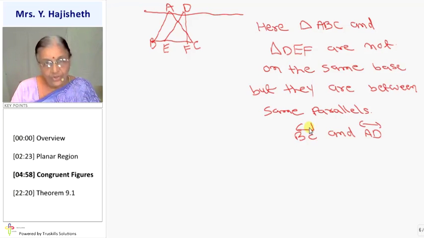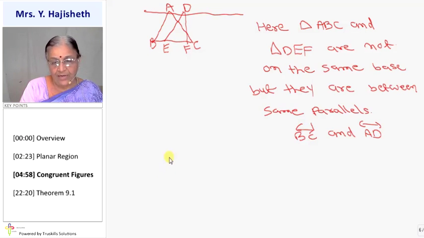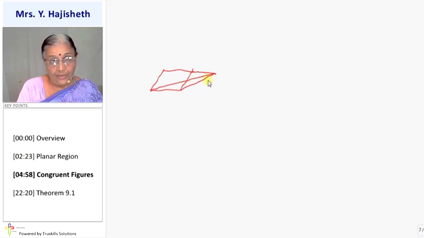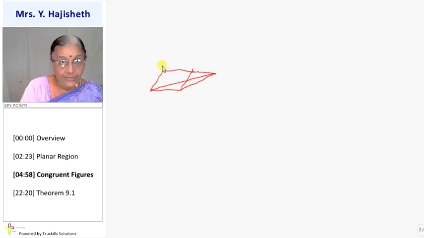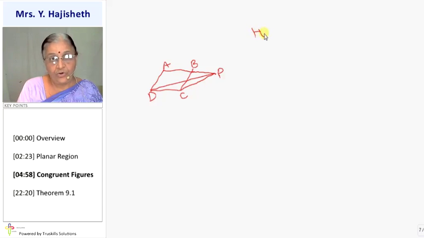But suppose you are given one triangle and one parallelogram. They are on the same base and between the same parallels. Then what to do? Suppose I draw the figure. Now look here. This is A, B, C, D. This is a parallelogram. And P, D, C is a triangle. Okay. So here what do you observe?